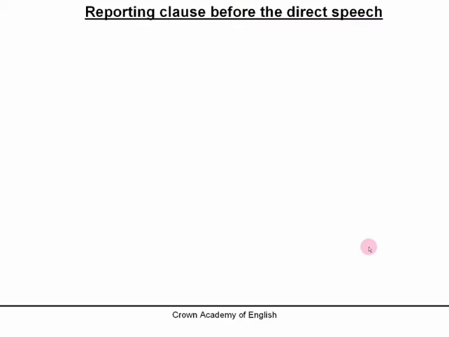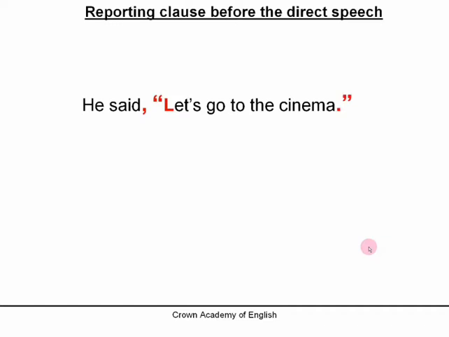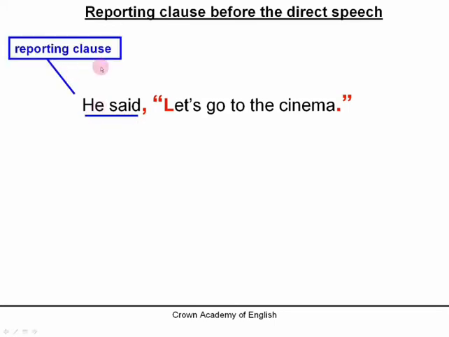First of all, reporting clause before the direct speech. Example: He said, "Let's go to the cinema." Okay? So here in blue, this is the reporting clause.